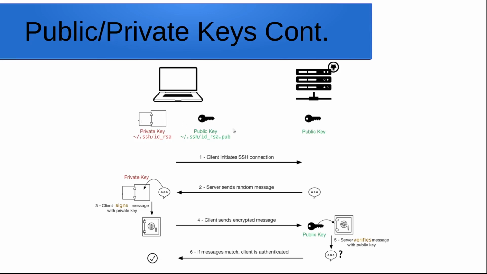Well, this graphic is confusing me because I'm not understanding what they're trying to get through. I was going to go a different direction, which is why this may not make as much sense. The client will send an encrypted message. It gets decrypted, and if it matches the original one sent, then we know that you have the proper keys and you're authenticated on the network. This could have been depicted a bit better, I think.